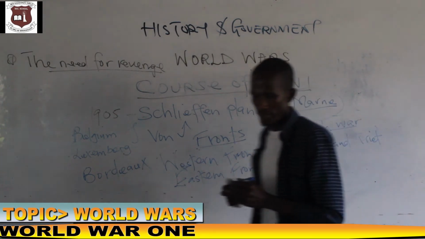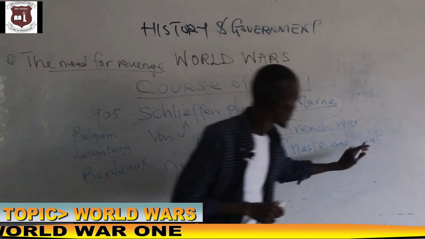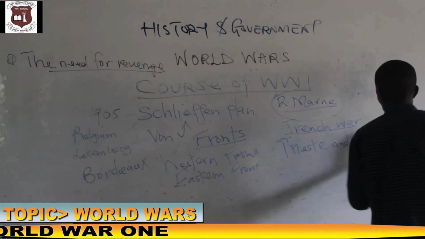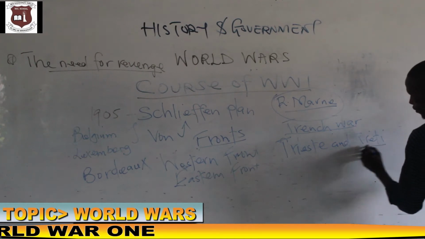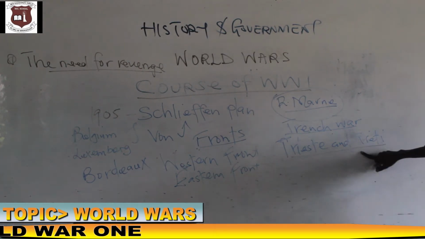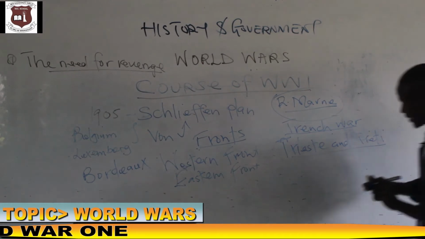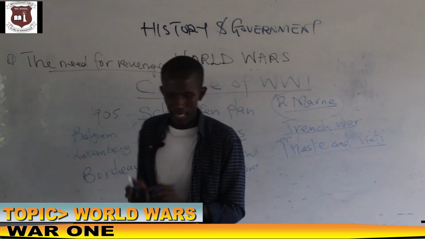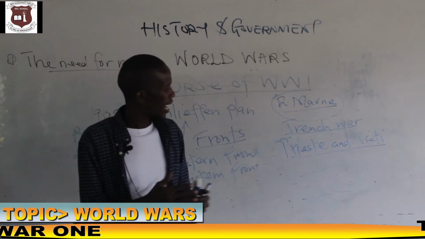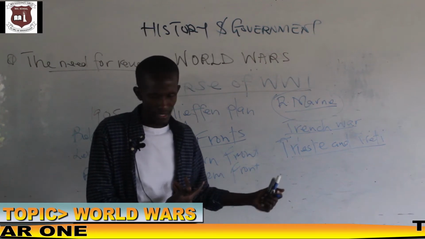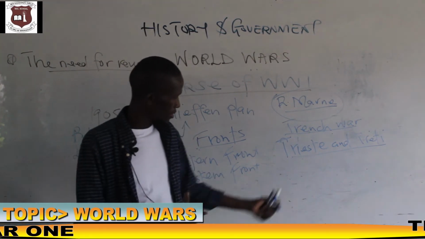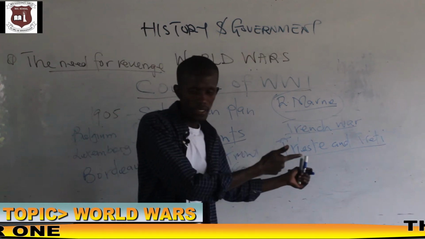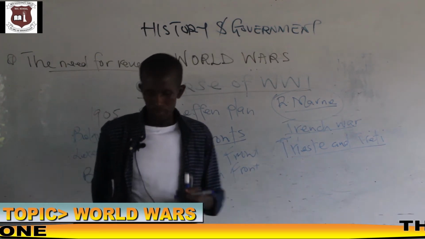So these two territories belonged to Austria. They were in the Austrian district. Now, when they were promised to be given these two territories, they joined the Allied side.